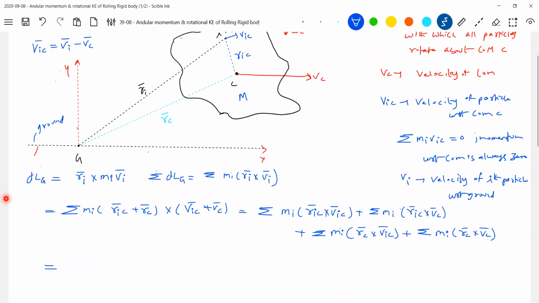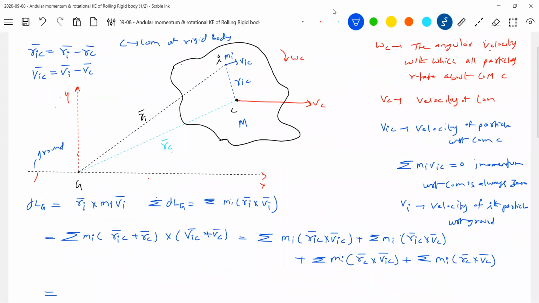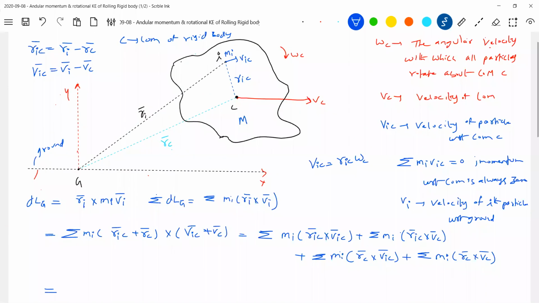Now, what is VIC? It is the linear velocity of the ith particle with respect to center of mass. And it should be equal to RIC omega c, from circular motion, V equal to R omega. What is VIC? Velocity with respect to center of mass. That should be equal to RIC omega c, because all points are rotating about the center point with the same angular velocity.